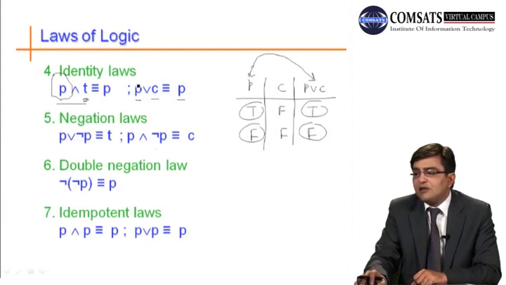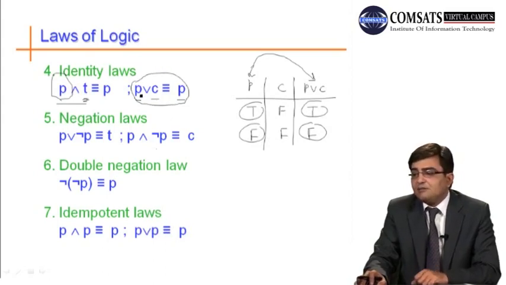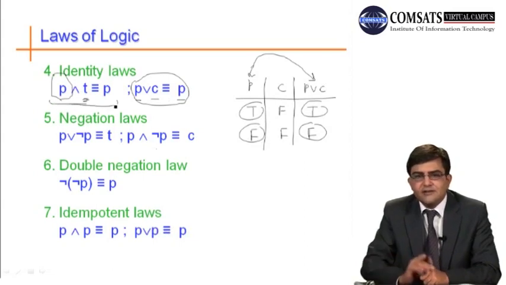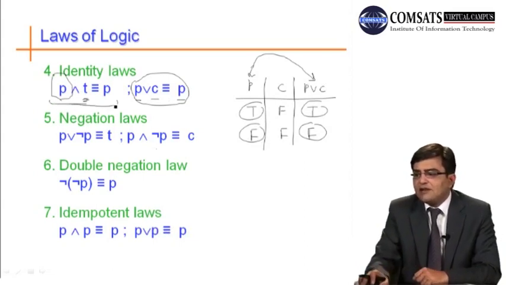So we can say that P or C is logically equivalent to P, or we can say that P or C has the same truth values as P. Similarly, we can prove this equivalence, in which T is a tautology. T will always have true values here.